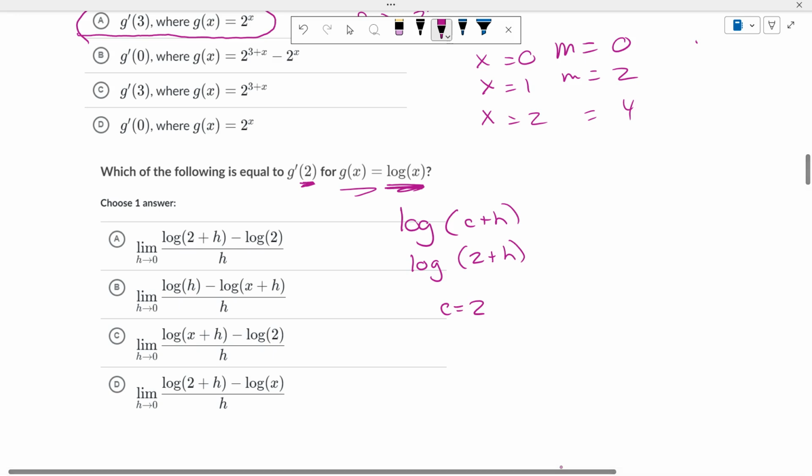And it's the log of x. So the log of 2 plus h minus the log of 2 all over h, if you stick in the 2 for the function.